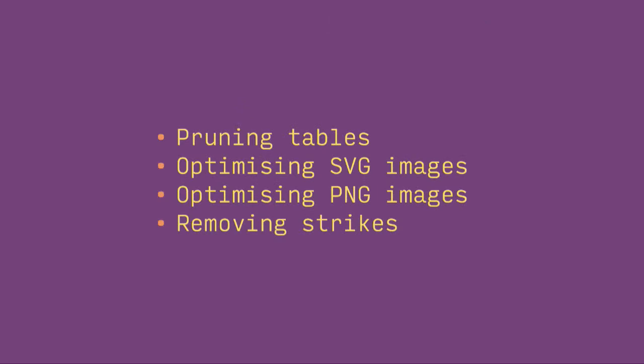I optimized the SVG images because when you export them from Illustrator, they are usually full of metadata and stuff that you don't need. Optimized the PNG images, more or less the same way. And I tried removing the strikes, so instead of having all those 280 glyphs at one size and then another and then another, I just kept the largest one and hoped that if it scaled down it would still look good. So I kept one strike.